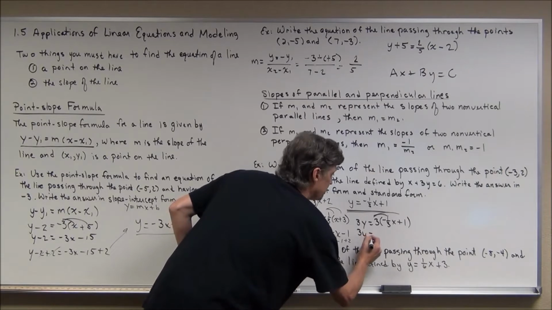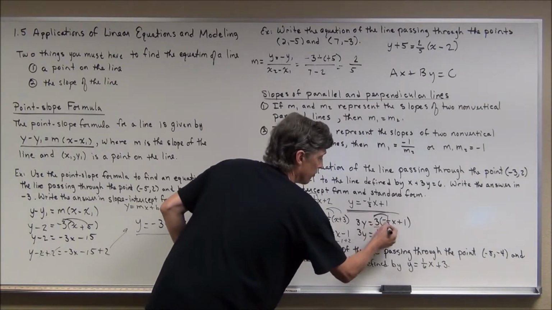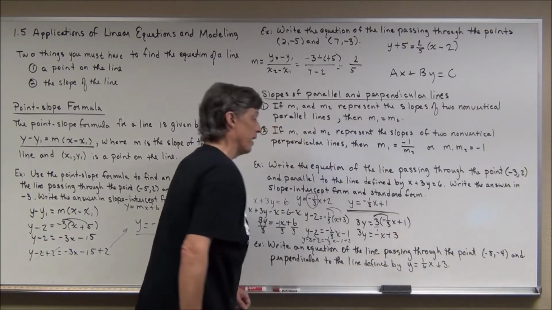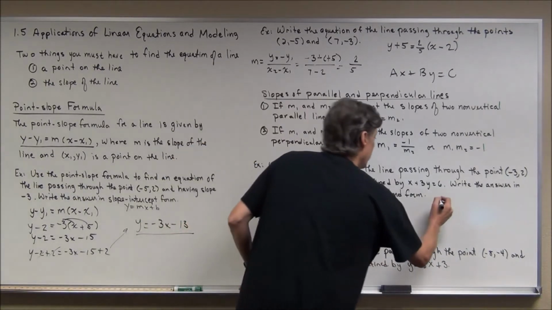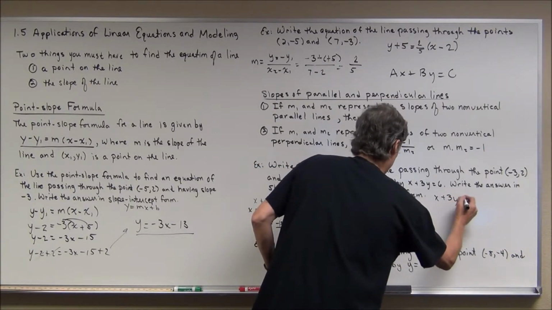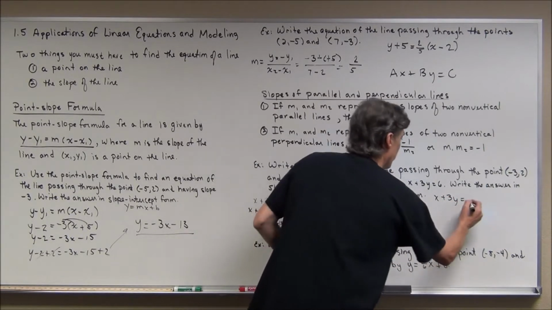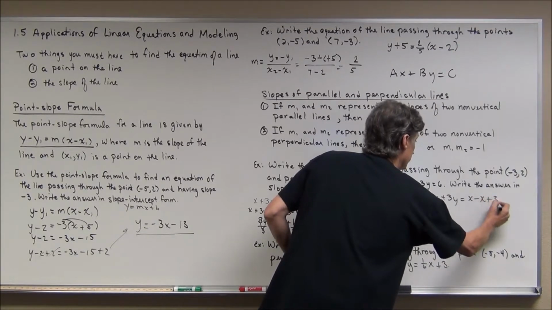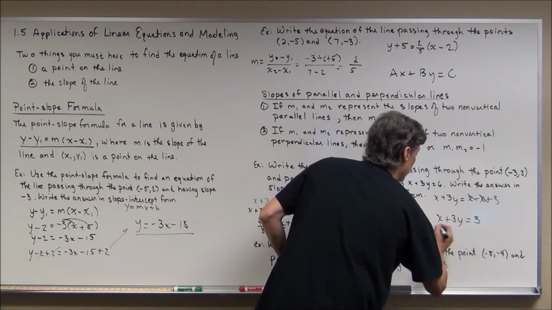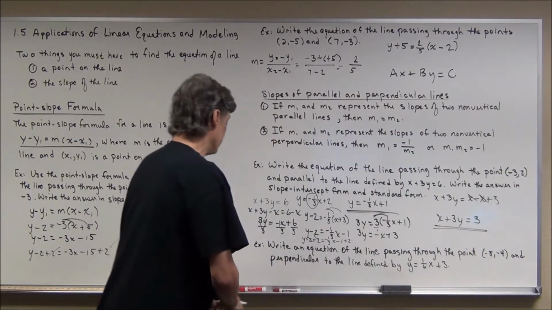I have 3y is equal to, the 3's will cancel, I'll get the opposite of x plus 3. Now I'm going to add x to both sides. So you can see that these x's cancel, and I have x plus 3y is equal to 3, and that is the second part of my answer.